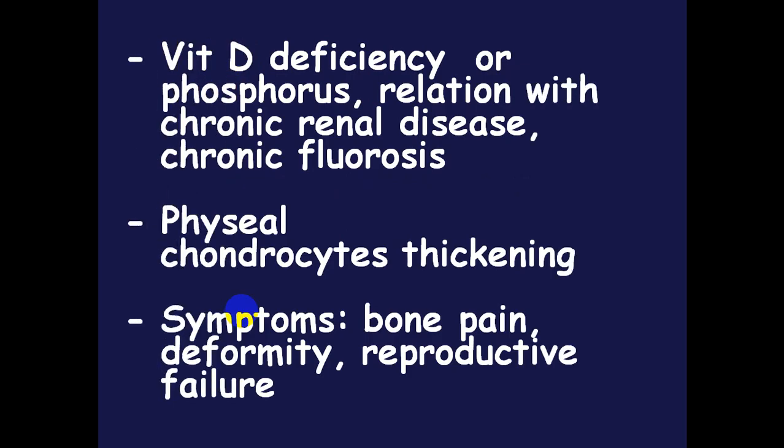The cause of rickets and osteomalacia is vitamin D deficiency. It can also be caused by chronic renal disease. Why? Because chronic renal disease causes deficiency of a substance we call provitamin D. As you know, vitamin D facilitates the absorption of calcium from the alimentary tract.